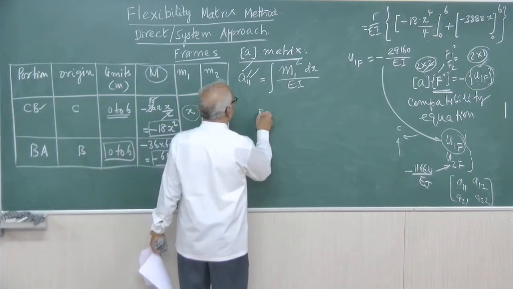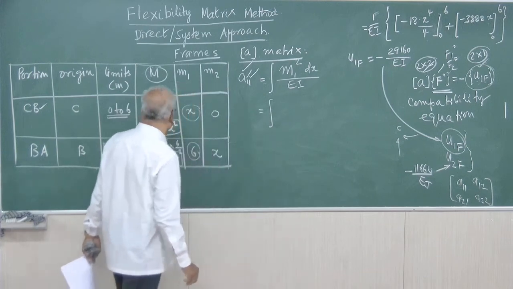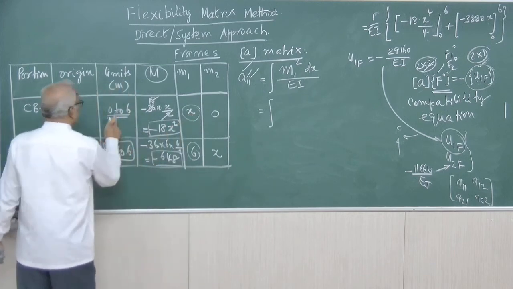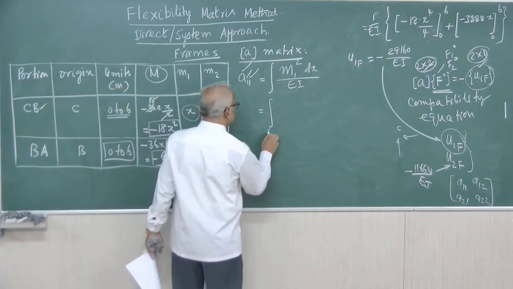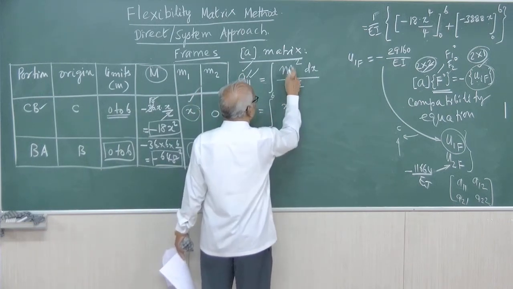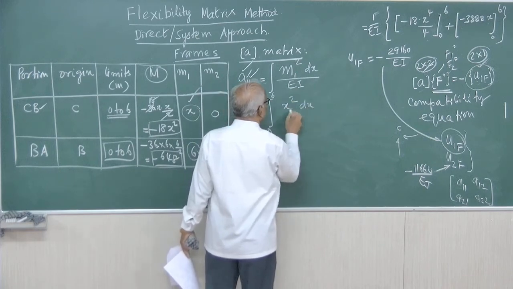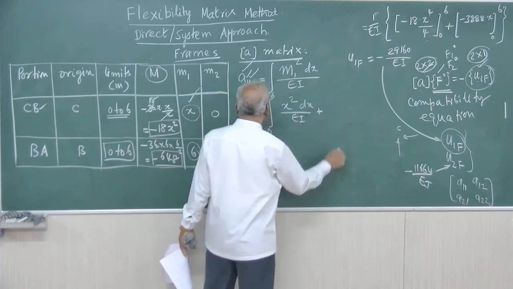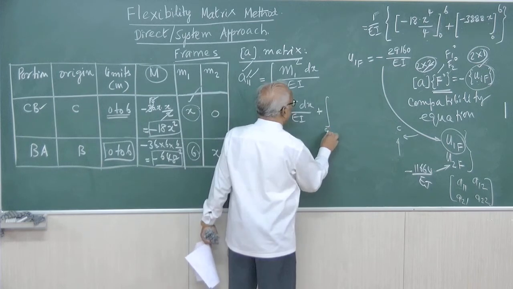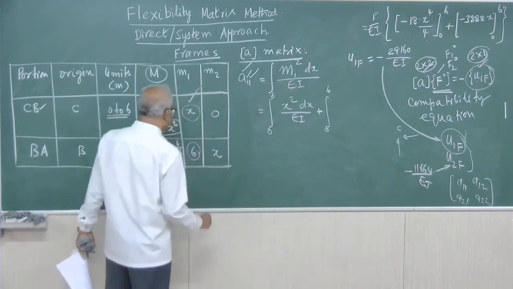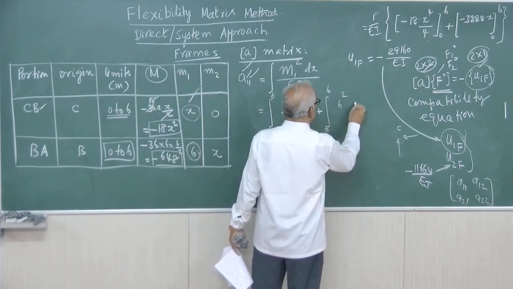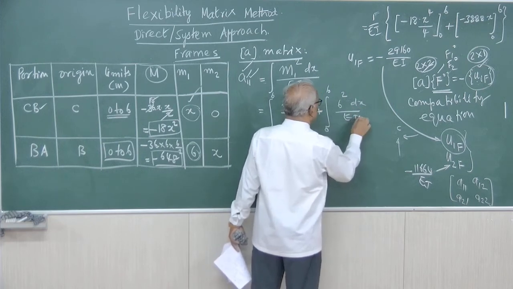For the first portion, m1 is x, limits 0 to 6, so x square dx by EI, plus for the second portion also limits 0 to 6, and m1 is 6, so m1 square into dx by EI.